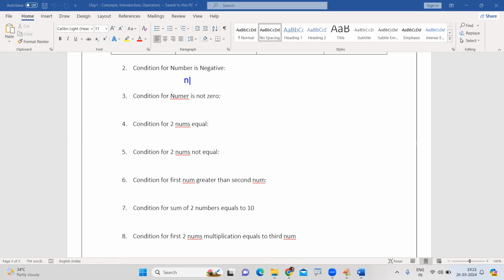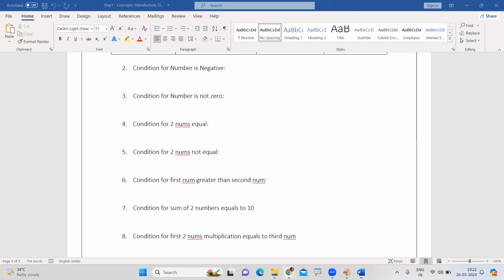Consider one number. This is the question they will ask, and this is the technical expression you have to write: n less than 0. Next, the condition for a number not being 0: number not equals to 0. Condition for two numbers being equal.